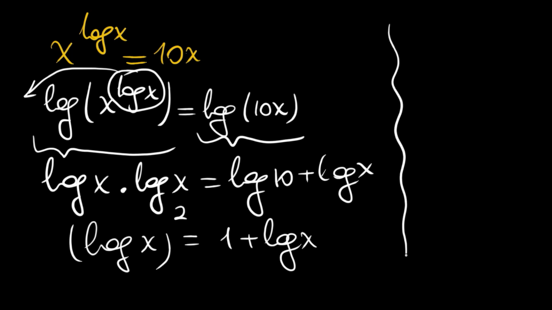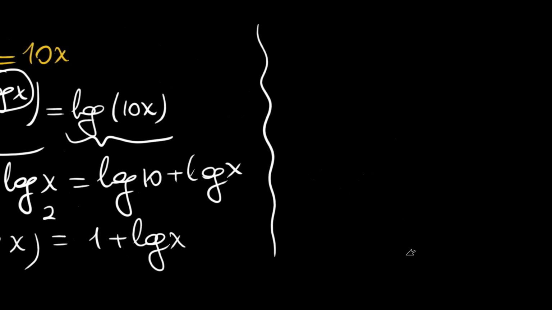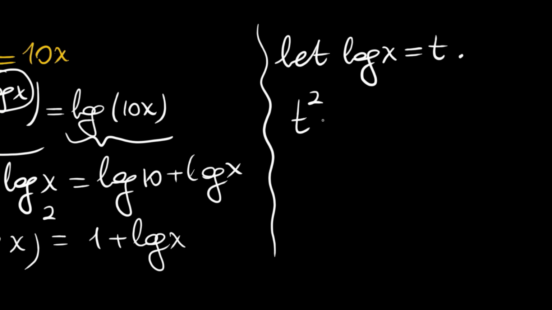If we substitute a new variable, just let this log x be some t, then we have t squared is equal to 1 plus t.